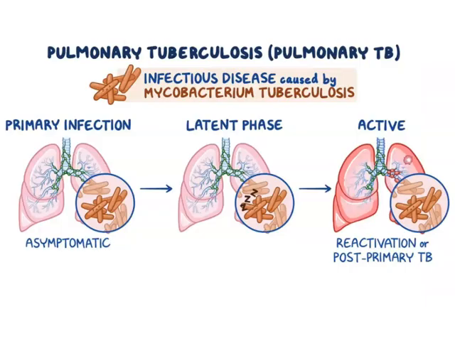There are 3 phases of tuberculosis. The first one is primary infection, and basically the patient can be rather asymptomatic. In most cases the patient will have a good immune response and will go into the latent phase of tuberculosis.